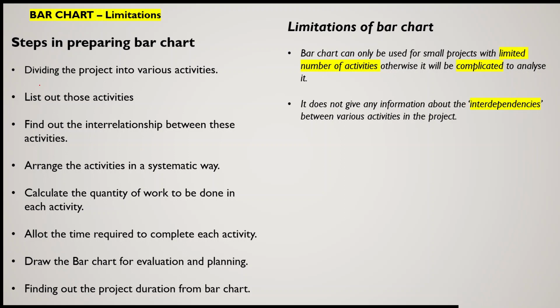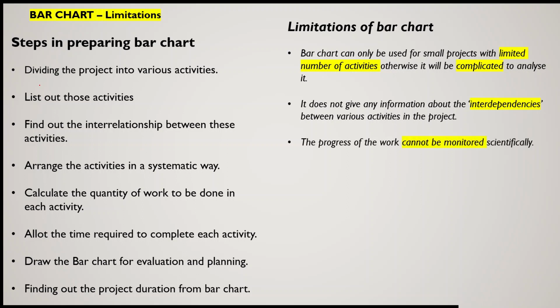Second, it does not give any information about the interdependency between various activities in the project. Interrelationship we can find out, but interdependency, that means if there is activity 3, whether that activity depends upon activity 1 or 2, clear information is very difficult to work out from the bar chart.